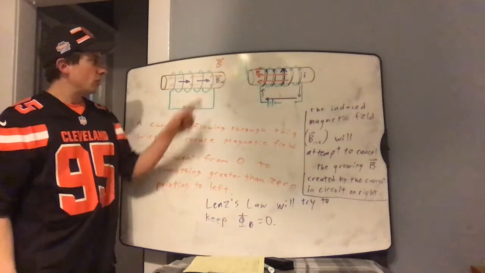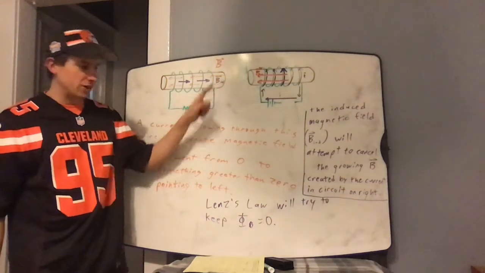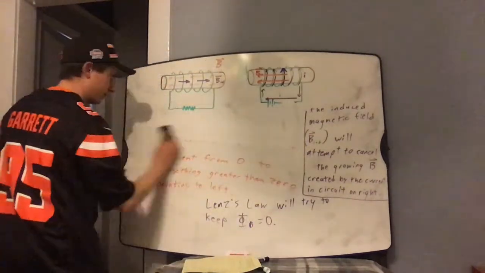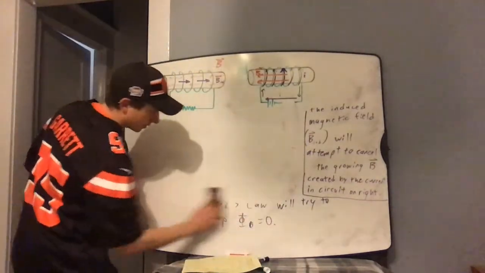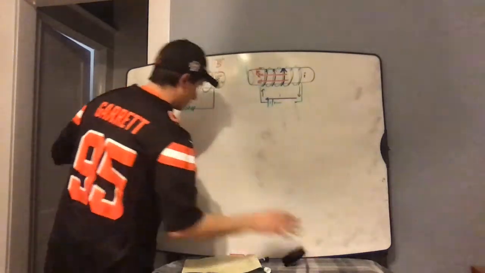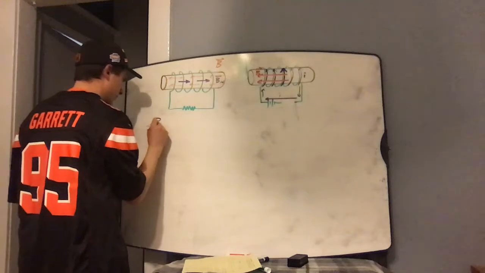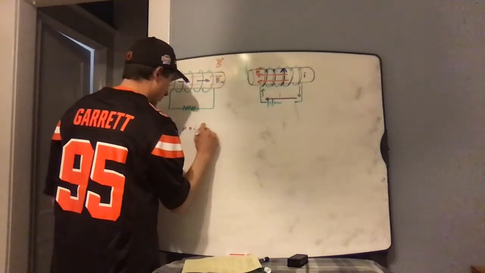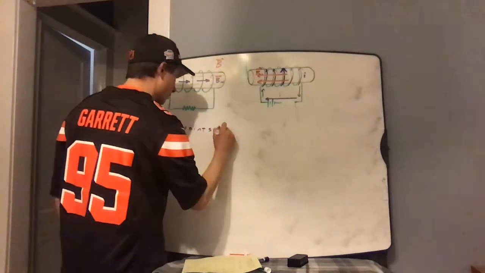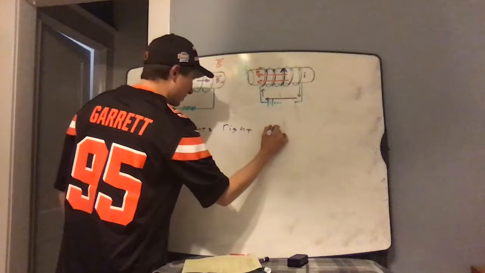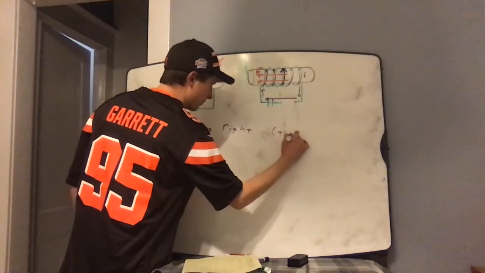So I know the induced magnetic field is going to point to the right. So I will write that as B induced points to the right. That is going to be my thumb.